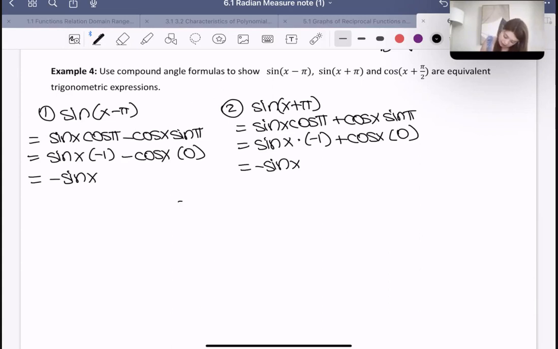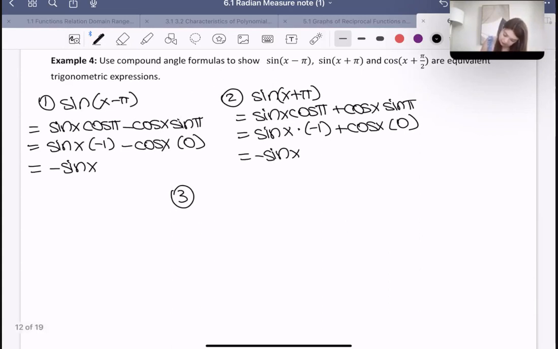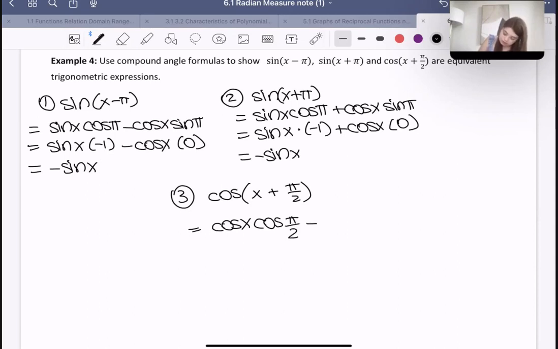And then we have 3. 3 is going to be cosine of x plus pi over 2, which is equal to cos x cos pi over 2 minus sine x sine pi over 2. Okay.